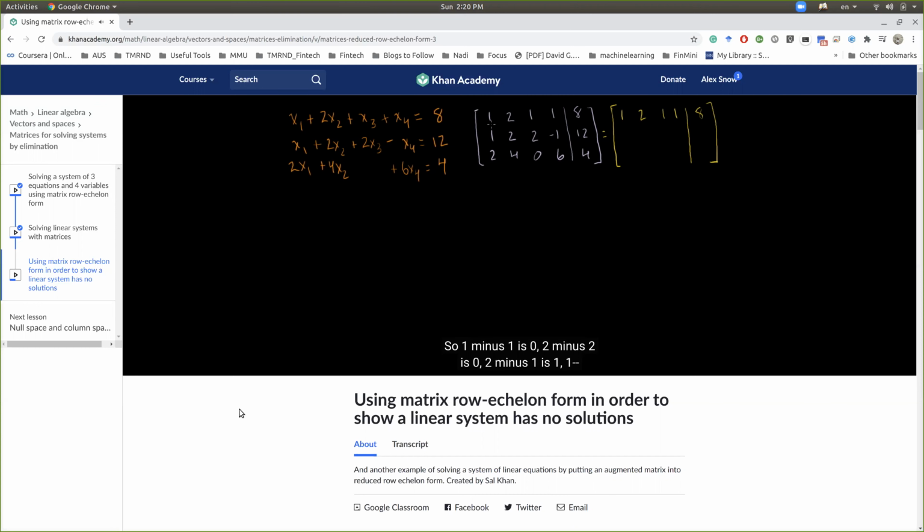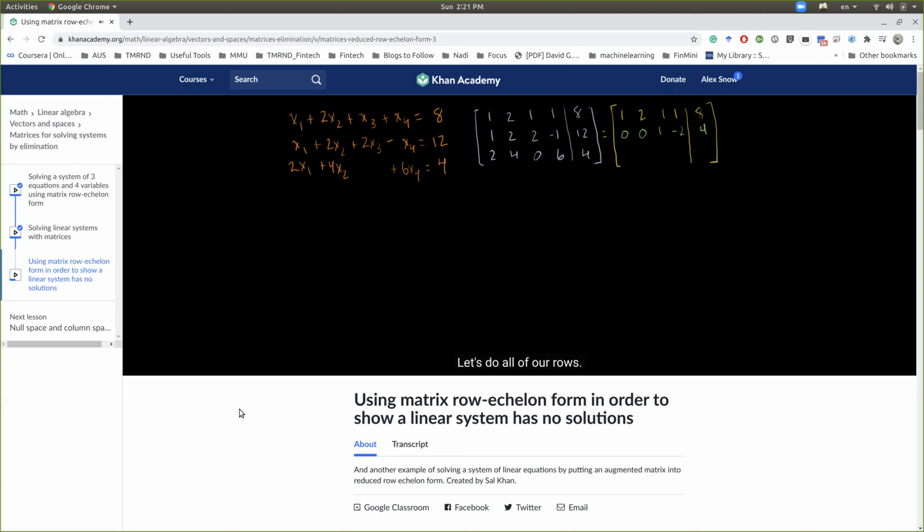So 1 minus 1 is 0, 2 minus 2 is 0, 2 minus 1 is 1, negative 1 minus 1 is minus 2, and then 12 minus 8 is 4. There you go. That looks good so far. It looks like column x2, which is represented by column 2, might be a free variable, but we're not 100% sure yet.